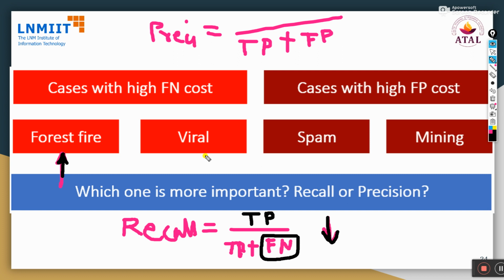If reality is no and prediction is yes, like spam, in reality it is not spam but the prediction says it is spam, or when we talk about mining, in reality there are no valuable things and the prediction says yes there are, that will cost a lot.